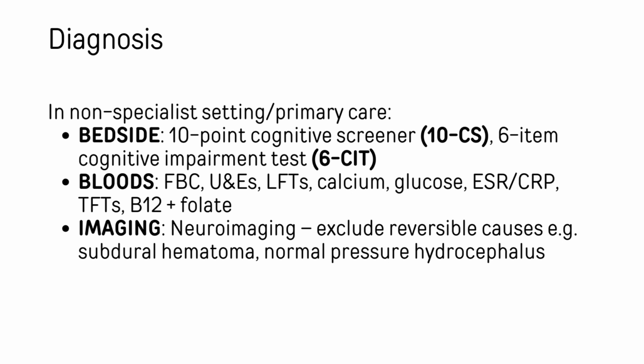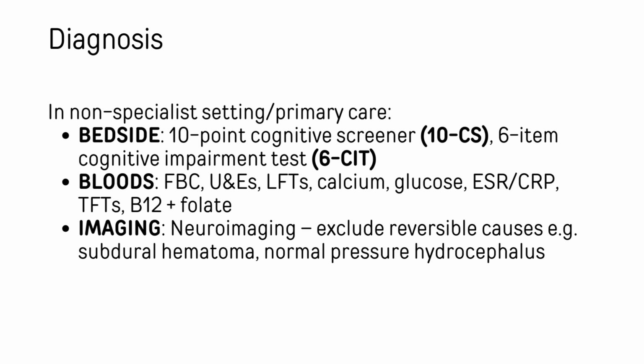We can also confirm it with a series of bloods. In terms of risk factors we're looking for, B12 and folate deficiency can cause dementia, and that will help us to possibly suggest a diagnosis of dementia. Hypocalcemia, hypercalcemia, infective markers, and thyroid function tests for hypothyroidism, hyperparathyroidism, all of these help us to rule out and rule in causes of dementia.